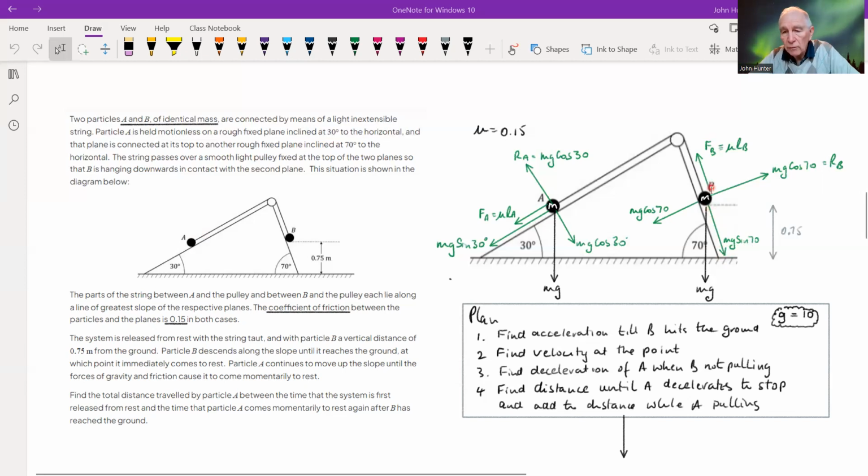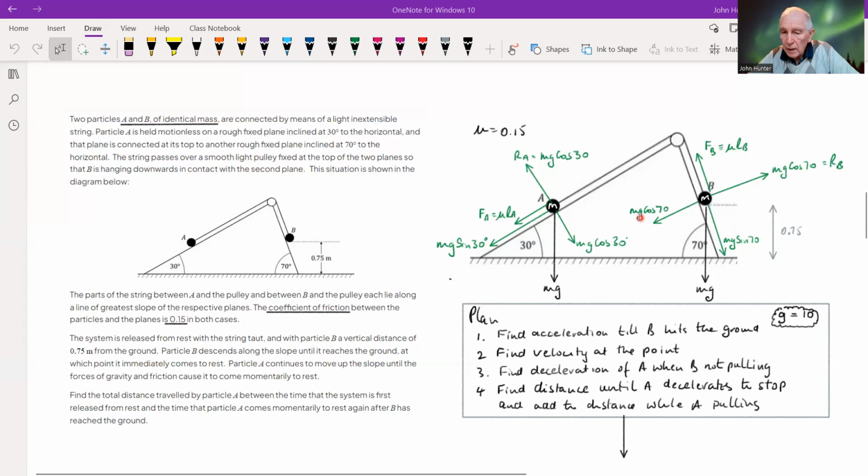We've got the force of friction opposing its motion, which is equal to the coefficient of friction mu times the normal reaction of the surface of the slope on B. And we've only got these forces acting on this particle in the perpendicular direction.